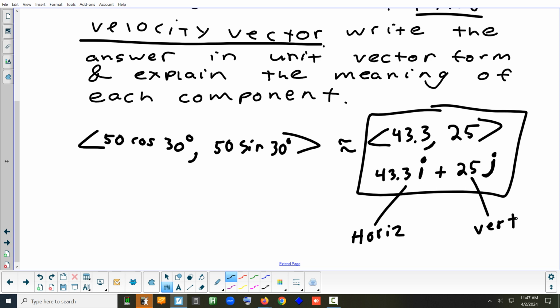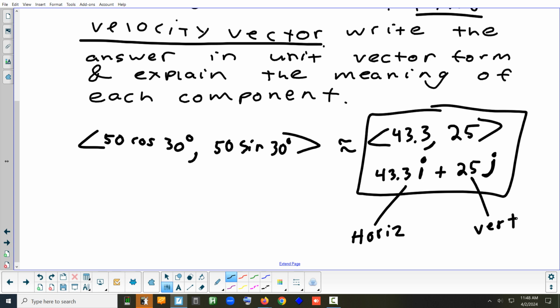How far moved right? Well, movement is a distance. It's not a distance. Velocity? It is. What part of the velocity? How many miles it moves per hour? Well, it is 43.3 miles per hour.